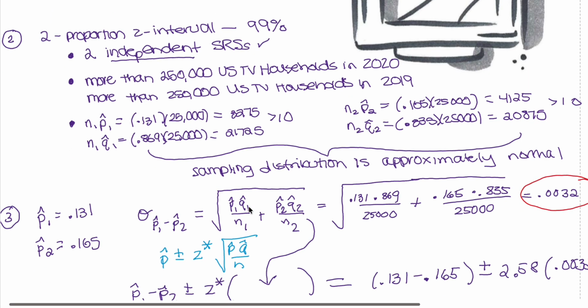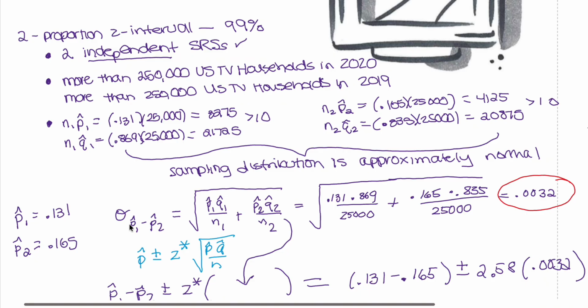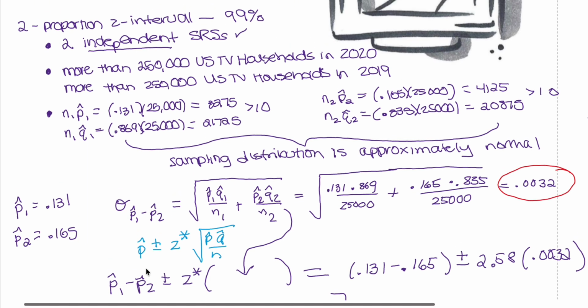After we state them right here, we're going to use the formula to calculate the standard deviation of the difference. Remember, whether you're doing minus or plus, for the standard deviation you're always doing the plus inside the square root, because you have to first find the variance of each and then add them together, take the square root, and get the final answer. This is the formula we're using right here, and we will get our final answer as this. This will be the standard deviation of the difference of these 2 sample proportions.